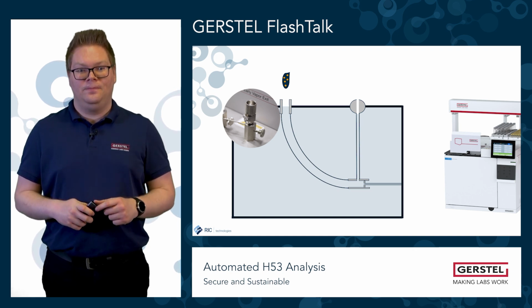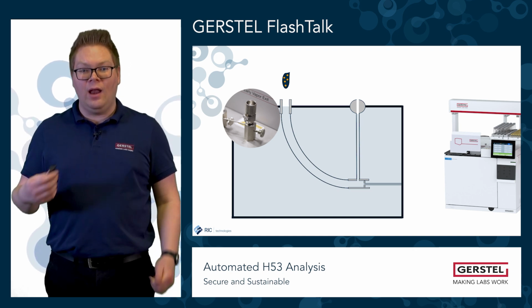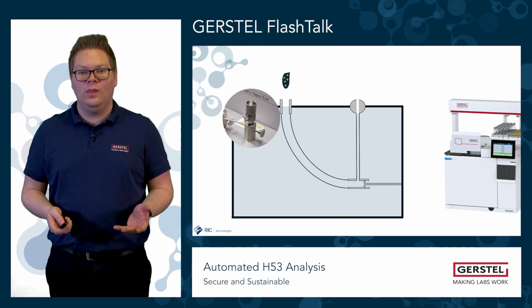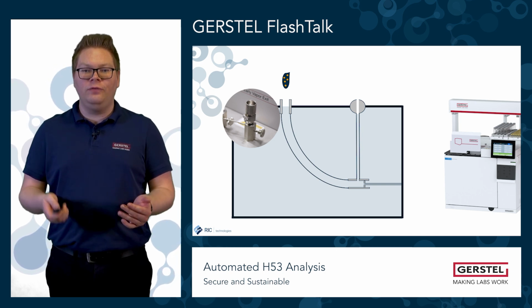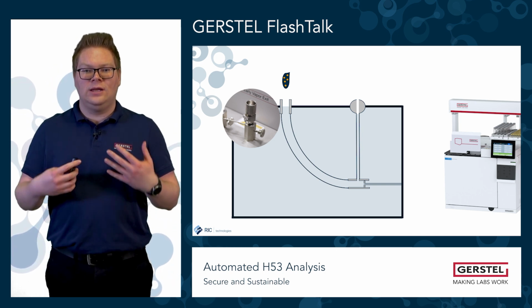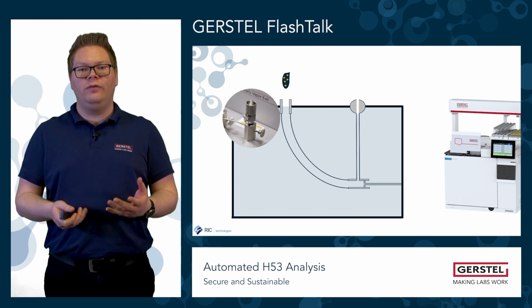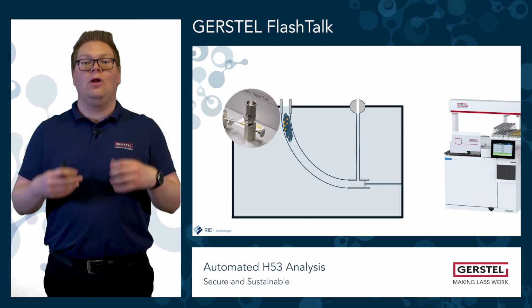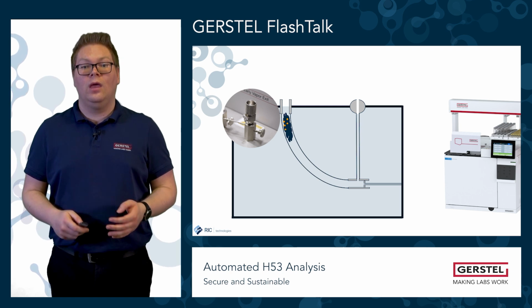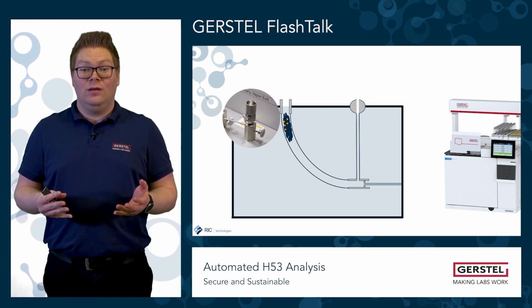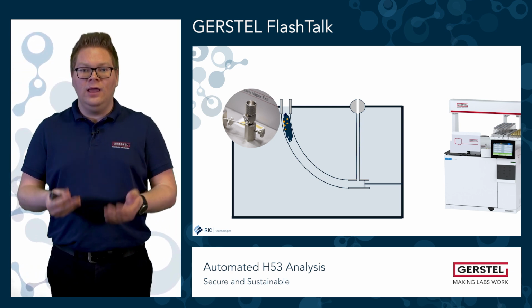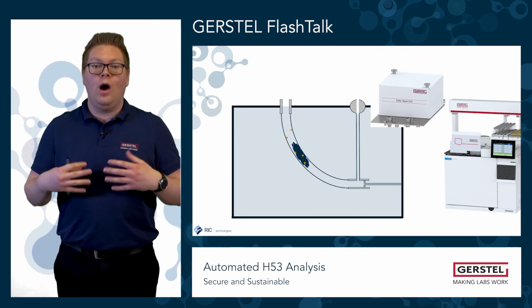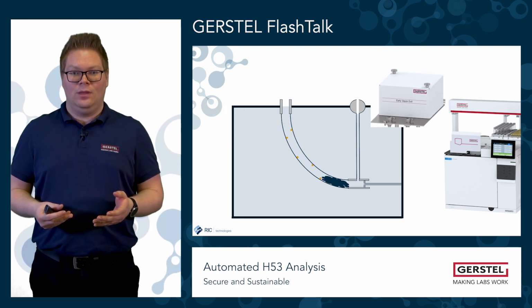Here we inject the 100 microliter sample, and the GC oven temperature is at a temperature where the solvent is evaporating and the analytes remain on the pre-column. The gaseous solvent is then leaving the system through our early vapor exit.